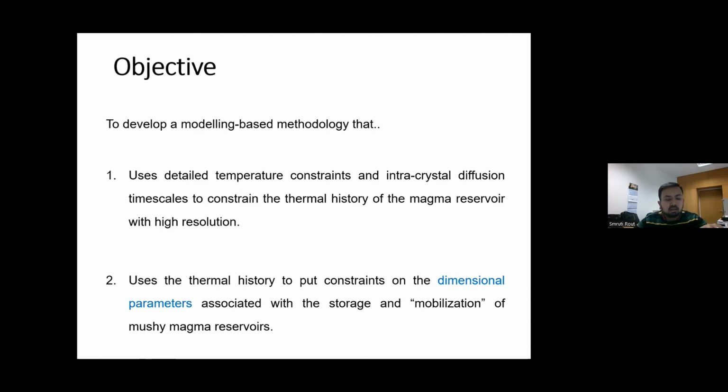In clear-cut words, we focus on a method that will first constrain the thermal history of a reservoir using thermometric temperature constraints and intercrystal diffusion timescales, and then use those to put dimensional constraints on the storage and mobilization of mushy magma systems.